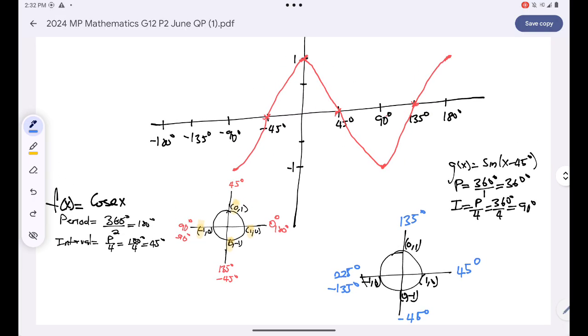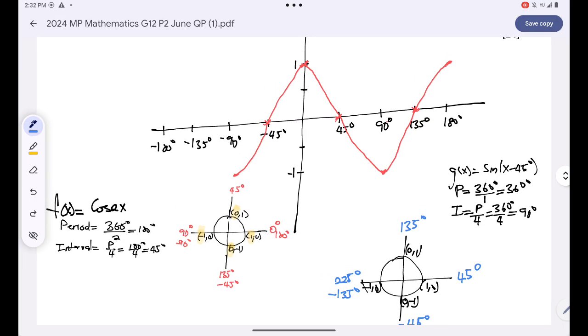Okay, for the graph of sine, guys, we are just focusing on the y values in our unit circle. When x is 45 degrees, what is the corresponding y value? The corresponding y value is 0. So that means my graph is supposed to pass there.